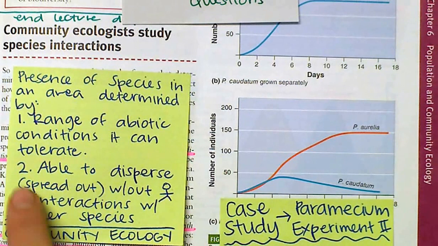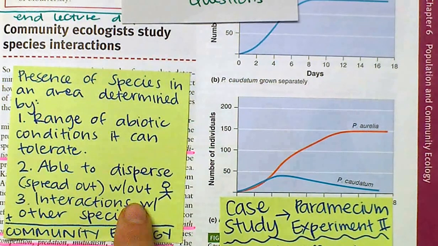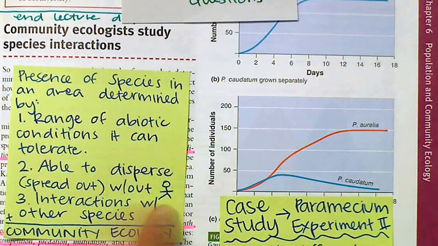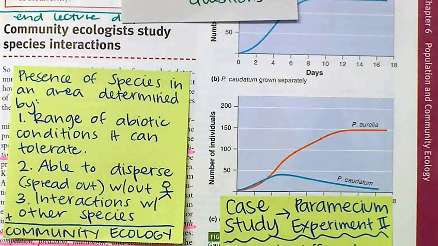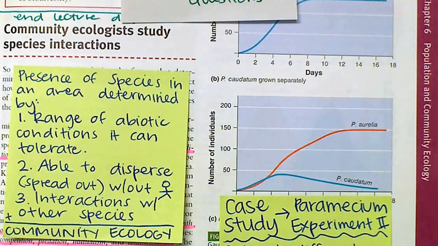Number 2 is being able to disperse or spread out without human interference. So if you're a flower in a field, will you be able to spread your genetics? If you are a lion in the Sahara or the Serengeti, will you be able to spread out in places that you need without coming across humans or getting hunted by humans, or getting chopped down if you're a tree?